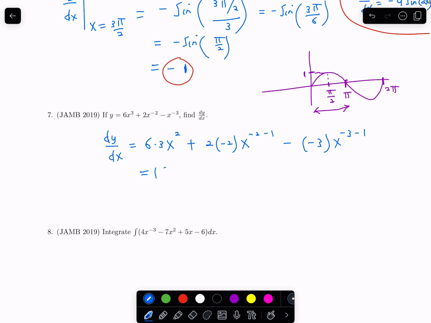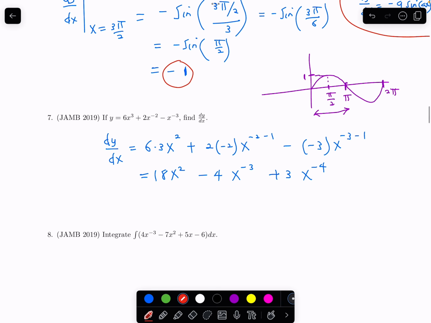So this is just going to be 18x squared minus 4x minus 3 plus 3x minus 4. And that's going to be the solution to that problem. I hope that is helpful.